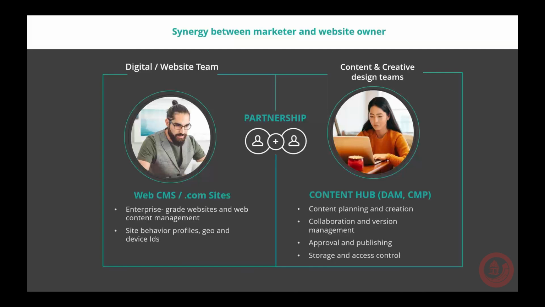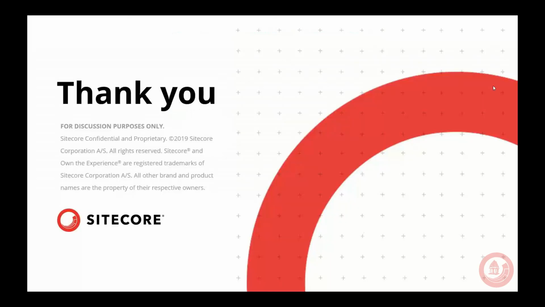It creates synergy between the digital and the creative team, so they work together in collaboration, with the content modeling and definitions in place, and then the strategists just have to go and create data and start pushing it to the slides, pushing it to the sites. So yeah, that's all I guess. Thank you.